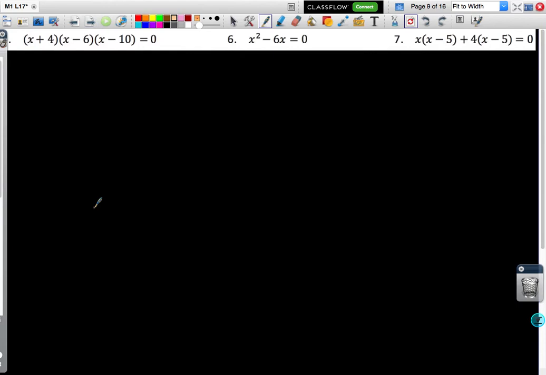Look at number 5. This is also factored. It got a little bit longer. Instead of 2 factors, there are 3 factors, but you do the same thing. Set each factor equal to 0 and solve.